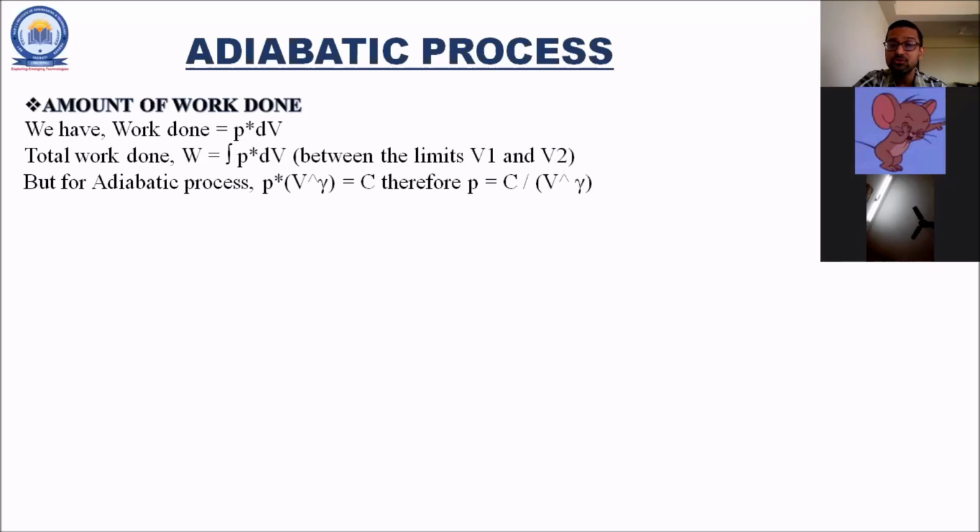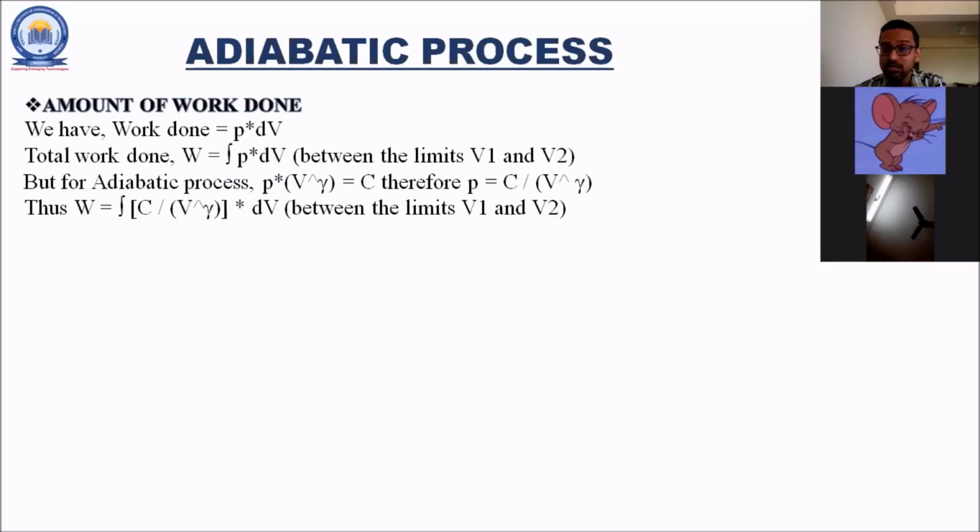So P is equal to C upon V raised to gamma. Substituting this value of P in this equation of integration, I will be getting W is equal to integration of C upon V raised to gamma into dV between the limits V1 and V2. C is the constant term, so it is removed from the integration and I will be getting C integration of V raised to minus gamma into dV.